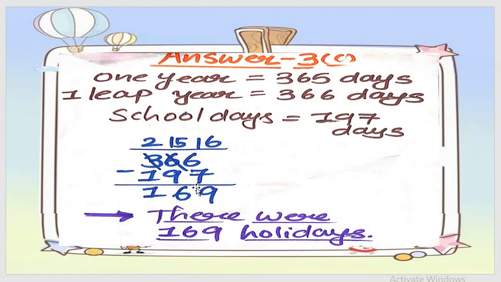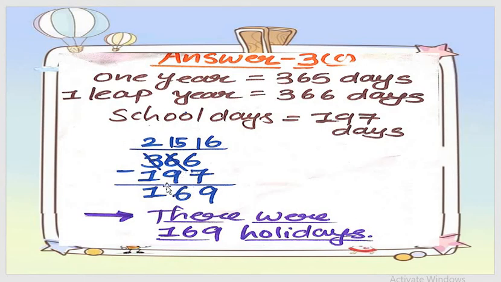Then we cut the further digit and put the smaller digit, 6 becomes 5. 5 minus 9 is possible? No. So again take a borrow: 10 plus 5, 15. 15 minus 9 is equal to 6.